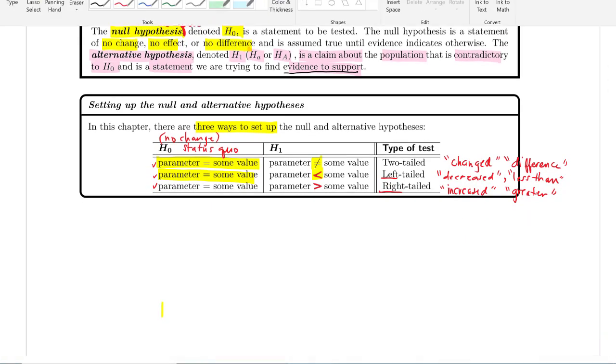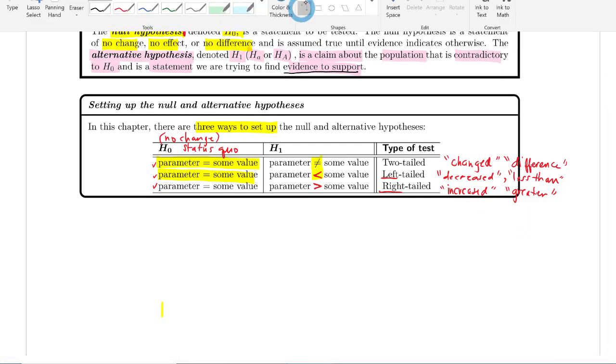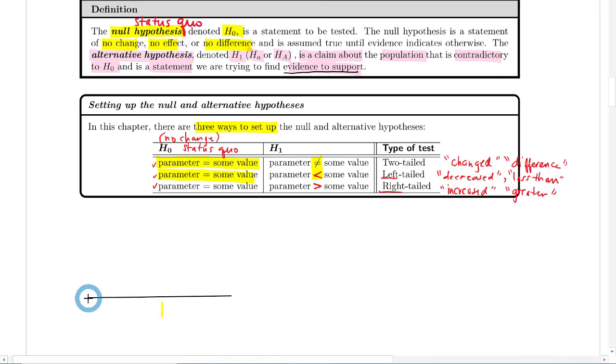So then what does this look like? Let's do the first scenario. We'll call this the left tail scenario. Draw a normal curve. Left tail means that we have all the area, so let me shade that, to the left, and that means that alpha is the area to the left.